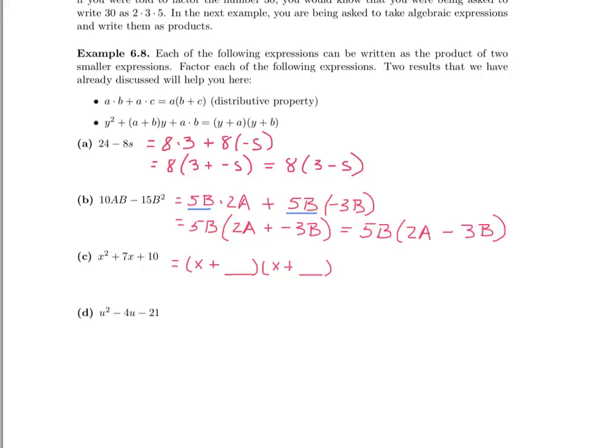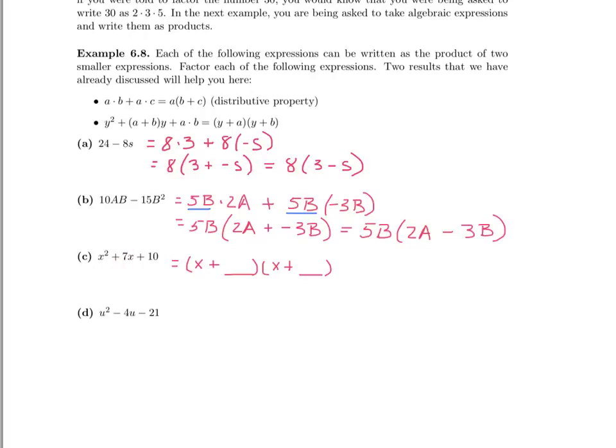And one last thing we know from looking at our result above, the middle term always results from adding the two numbers that are the second numbers in the sum. So if I add these two numbers, I should get 7.